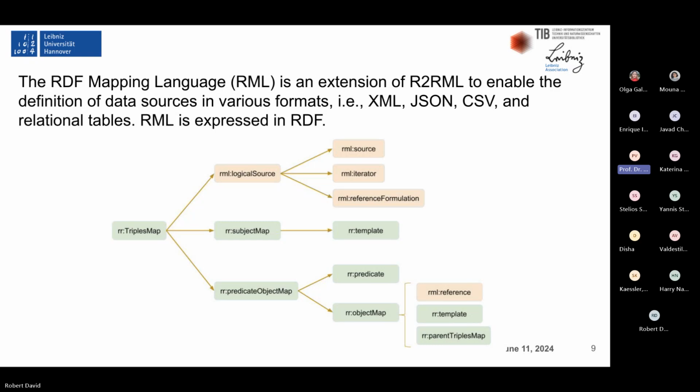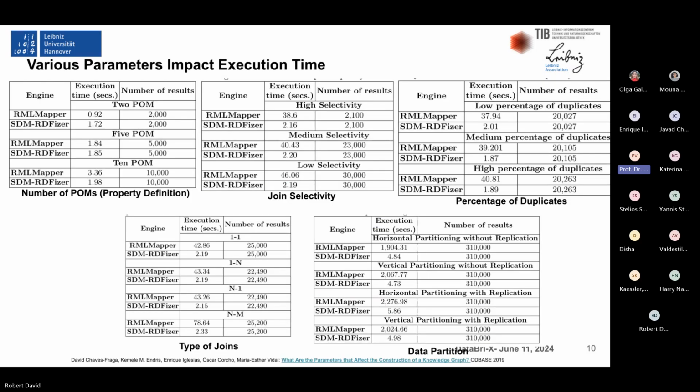Something very important to highlight is that there are several engines that are able to generate knowledge graphs based on these mapping languages. For example, RML, or as today I'm going to present, the artificer.